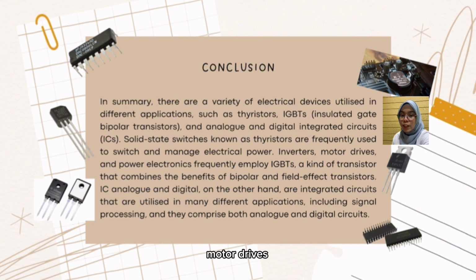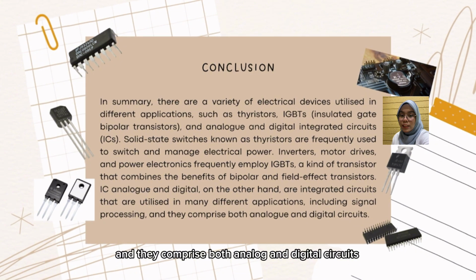Inverters, motor drives, and power electronics frequently employ IGBTs, a kind of transistor that combines the benefits of bipolar and field effect transistors. IC analog and digital, on the other hand, are integrated circuits that are utilized in many different applications, including signal processing, and they comprise both analog and digital circuits.